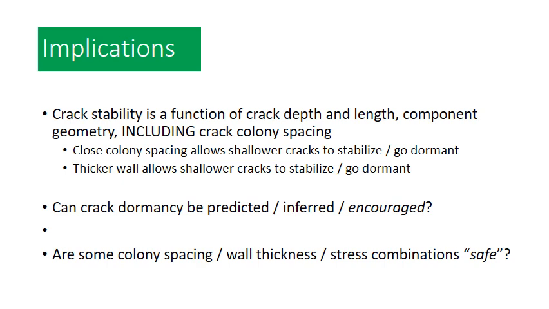Is there some colony spacing, wall thickness, or stress combination that we can deem to be, relatively speaking, safe? Obviously, we can't use the word safe in a black and white issue, but when we're dealing with crack management and probabilistics, we're dealing with shades of gray. Is there some scenario where we consider cracks to be not a primary threat to the pipeline?